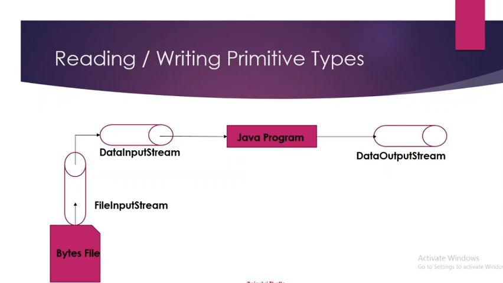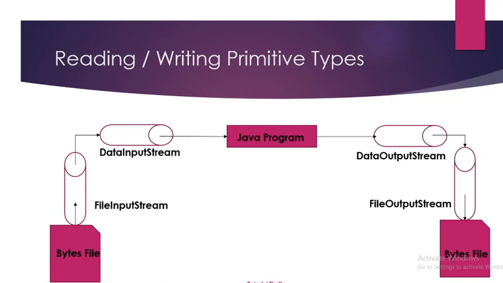Whatever result you have written by using the DataOutputStream class object can then be passed to the FileOutputStream class object, where you are actually writing in the file, and further this file will get saved to your drive wherever it is.